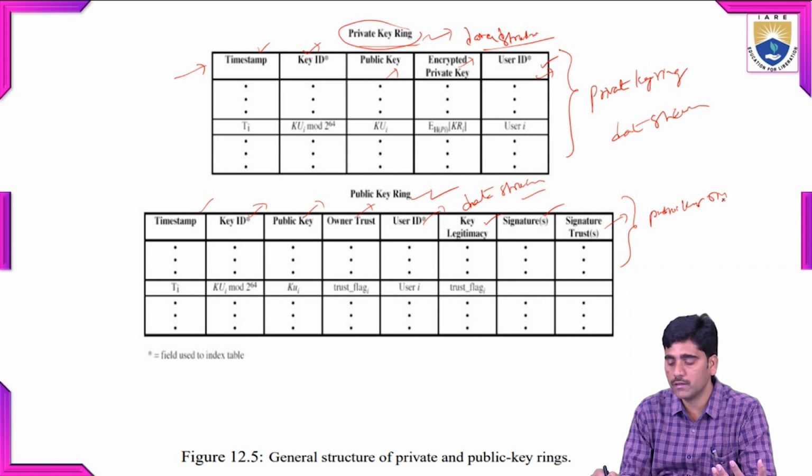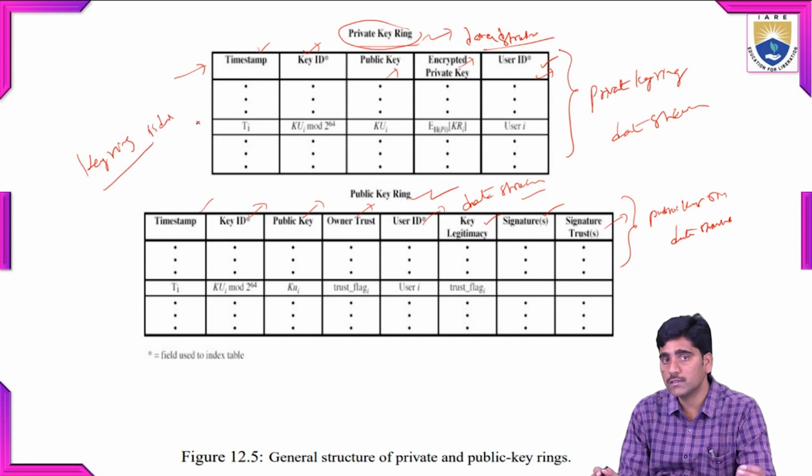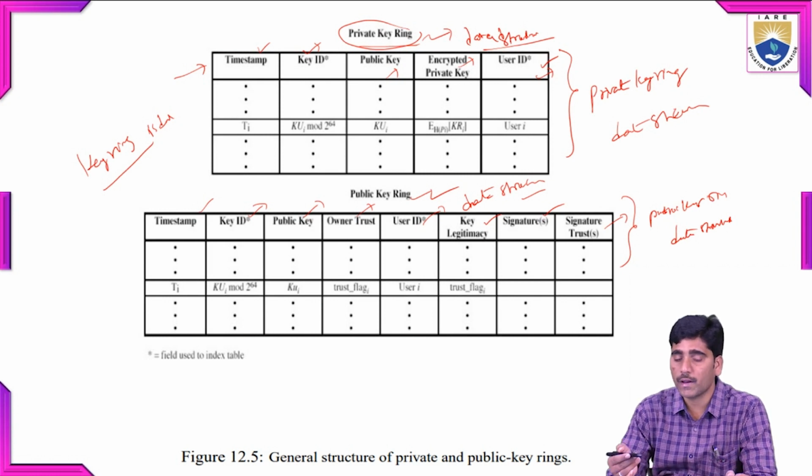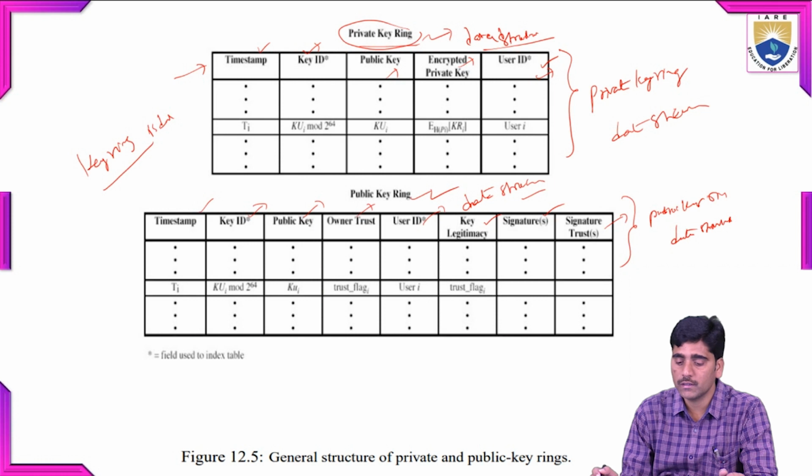So the keyring is a data structure which maintains the public and private key pairs. The private keyring contains the timestamp, key ID, public key, encrypted private key, and user ID.